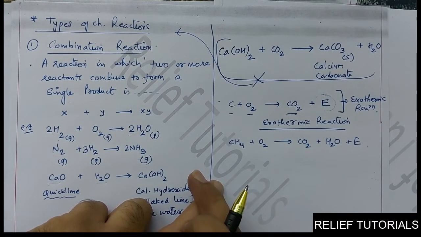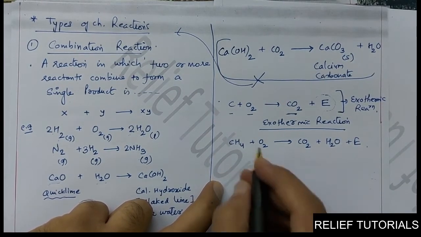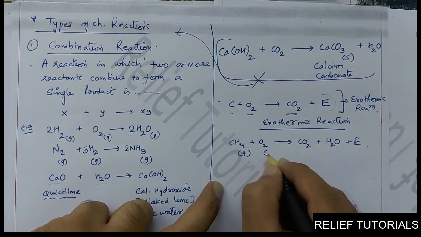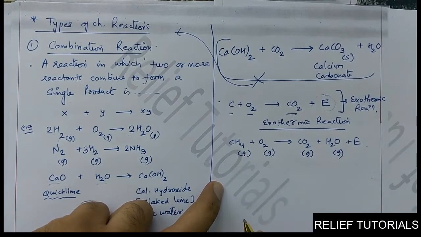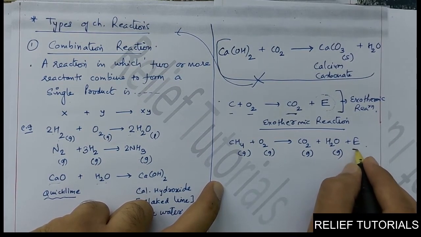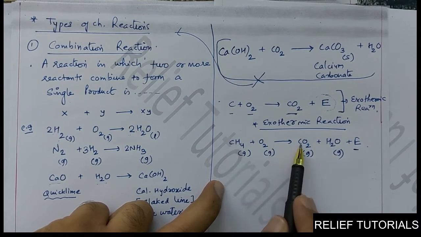During the topic of balancing, we went through this equation. CH4 gas, oxygen gas, CO2 gas and also H2O in the form of vapors, it releases, and it gives out energy, so it is an example of exothermic reaction. I think the equation is not balanced. 1C, 1C.